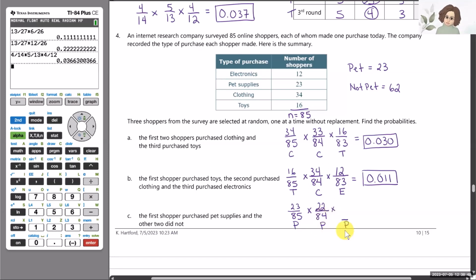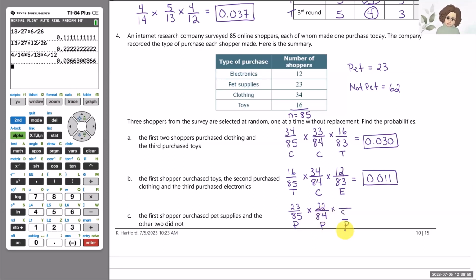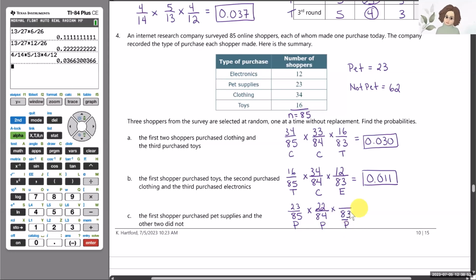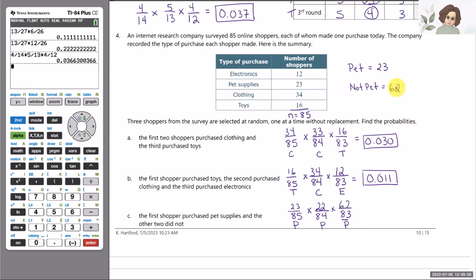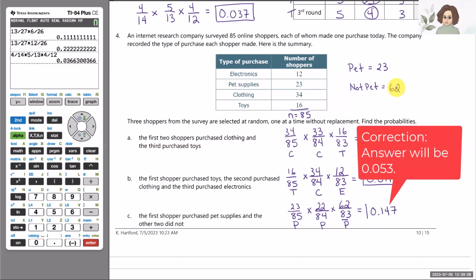And then for my third pick, I'd be down to 83 people. And the chance they didn't buy pet supplies. So I would still have 62 people there that didn't buy pet supplies. And then again, you can check it. It should be 0.147.